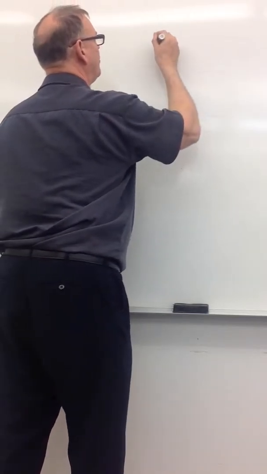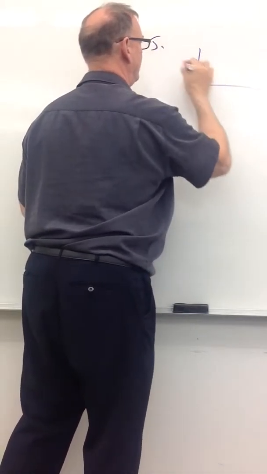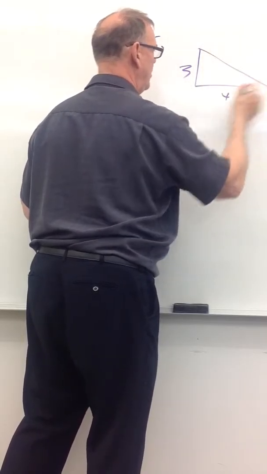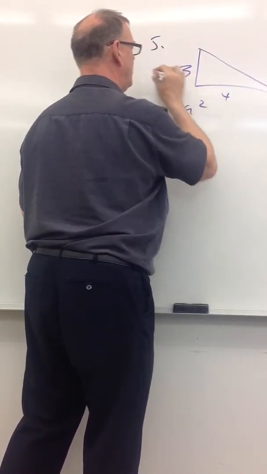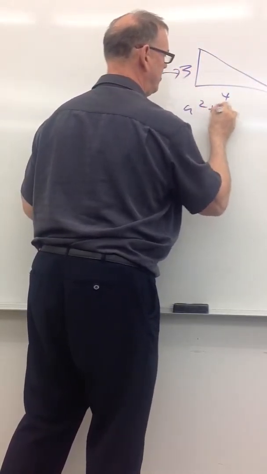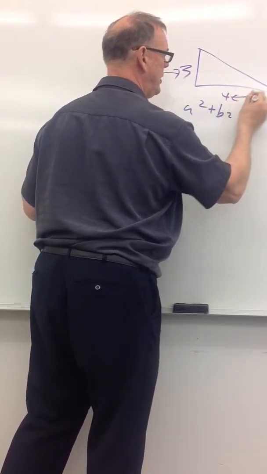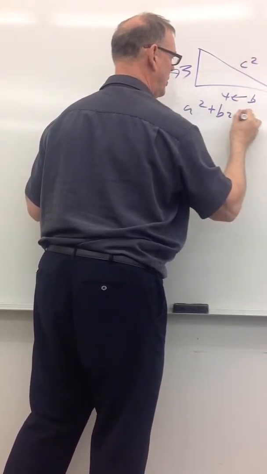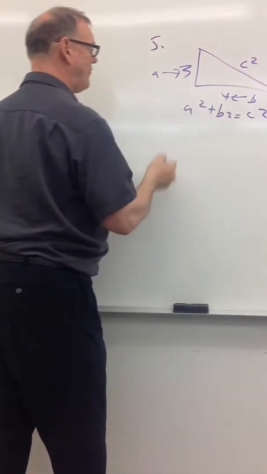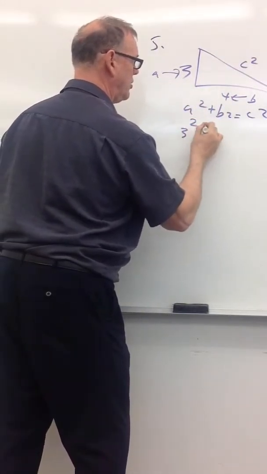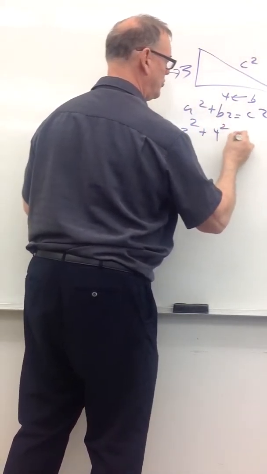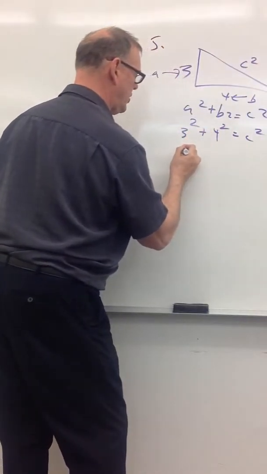Number 5. All right, hypotenuse. The Pythagorean theorem is a squared, this is a, plus b squared, this is b, equals c squared. This is c. What's a? 3. What's b? 4. What's c? We don't know. What's 3 squared? 9.